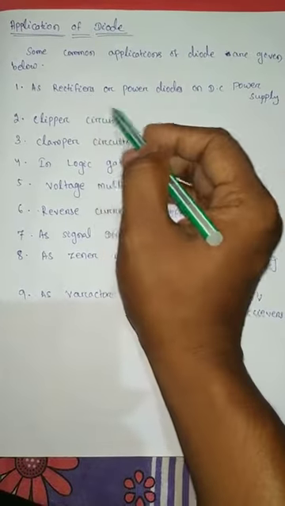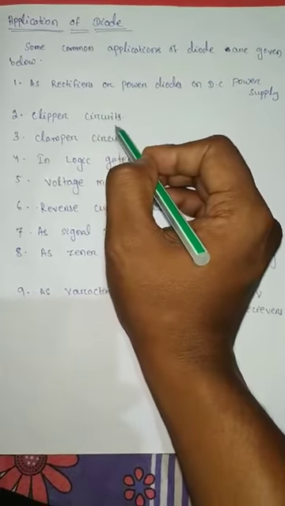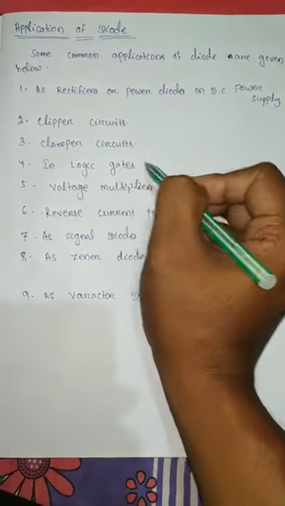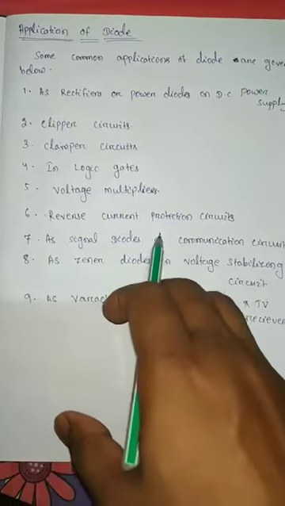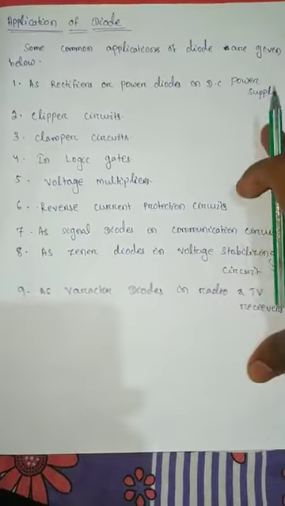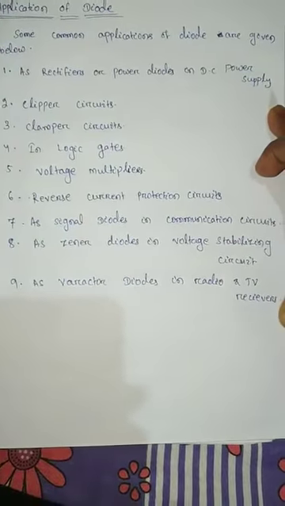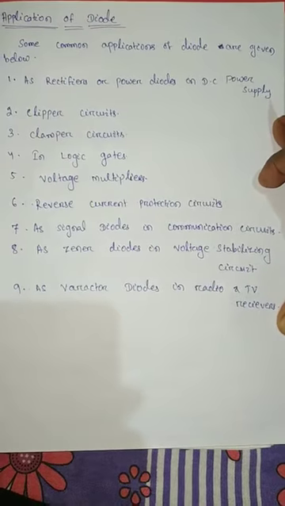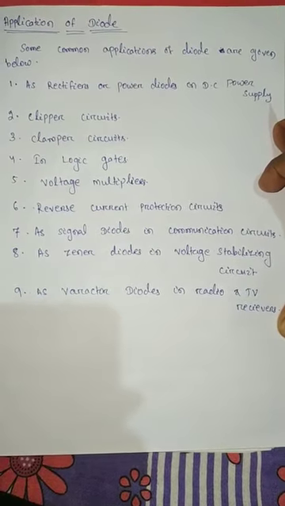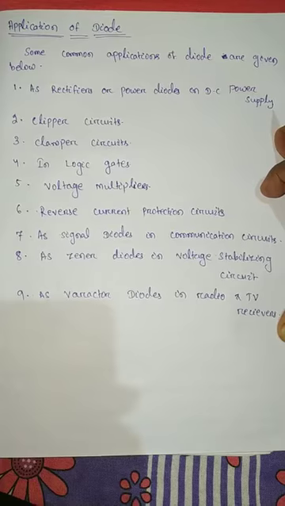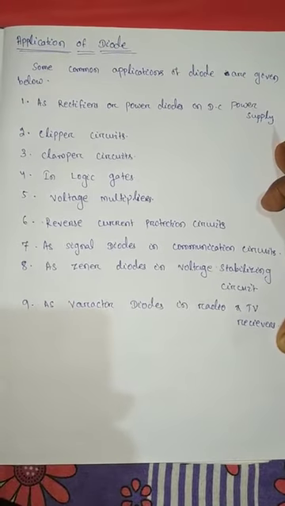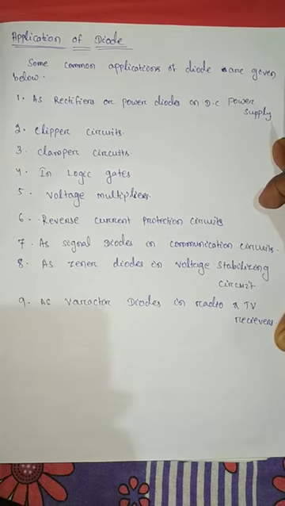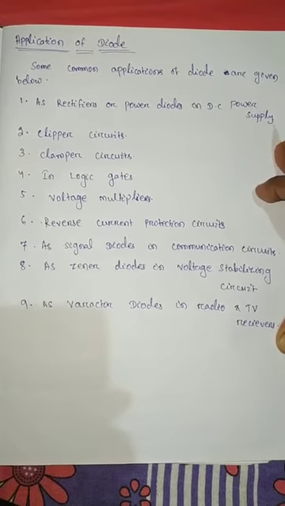Diodes can be used as rectifiers in clipper circuits, in clamper circuits, in logic gates, in voltage multipliers, and in reverse current protection circuits. Diodes can also be used as signal diodes in communication circuits, as Zener diodes in voltage stabilizing circuits, and as varactor diodes in radio and TV receivers. There are many more applications, but here some are mentioned.